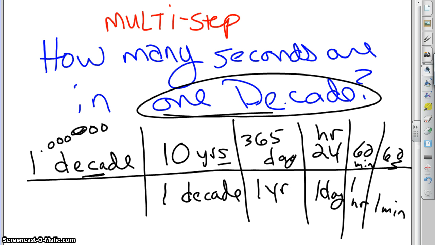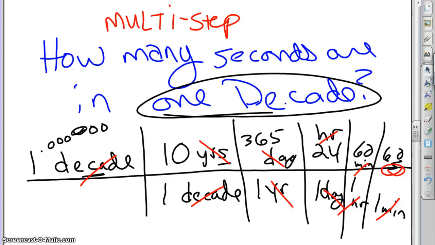And so if we look through here, we can see that things on top and bottom cancel. They go away. Day, day, hour, hour, minute, minute, and we're left with seconds as the only thing that doesn't get blown up. And when we go through here, we'll see that this actually becomes kind of easy to calculate because there are no numbers on the bottom other than 1.